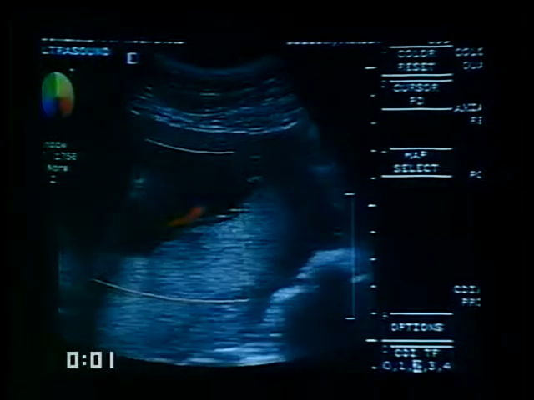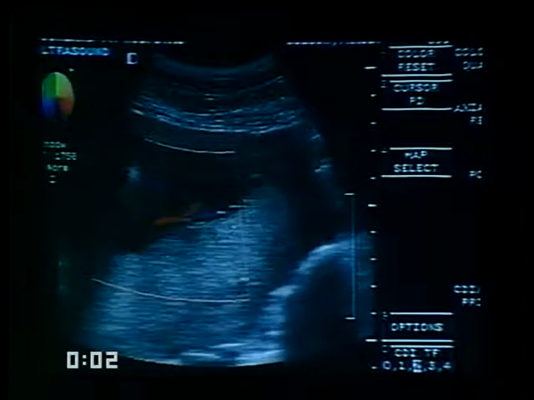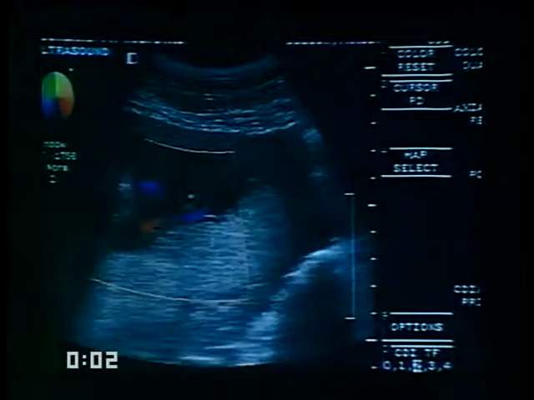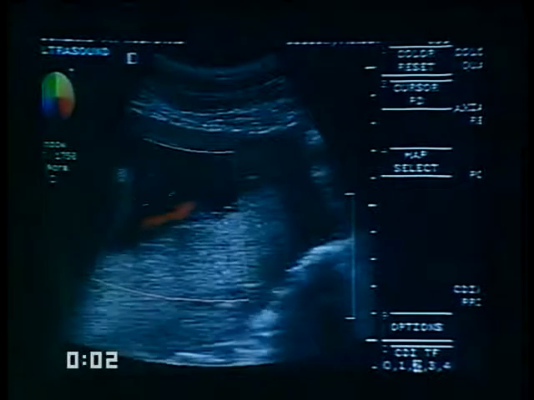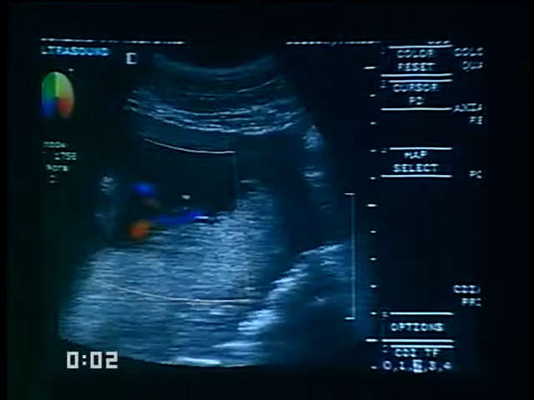Color Doppler of the same case. And we're looking here. So that's an example of a two-vessel umbilical cord, so you have one artery and one vein.